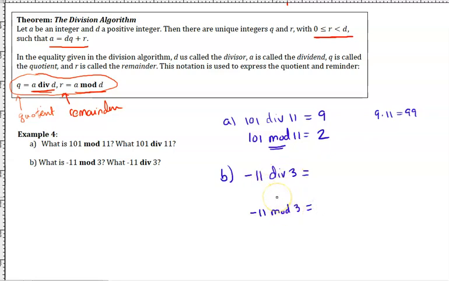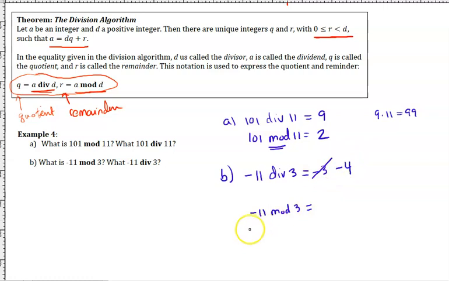Right here it says the remainder has to be bigger than or equal to 0 and less than the divisor. So you have some choices for negative 11 divided by 3. You could say it's negative 3, and then you get negative 9, but then you get a negative remainder, which is not good. So negative 3 is not a good choice.